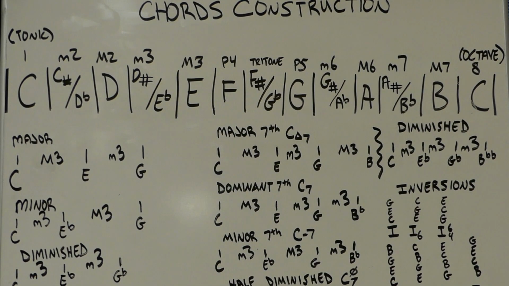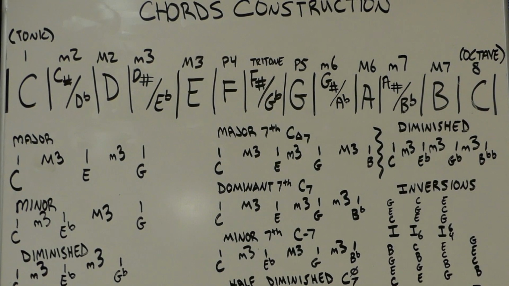So I'm going to play how those chords sound, so you can get an idea in your head. A C major chord sounds like this. As you can tell, that's pretty happy. And to make it a minor chord, we lower this third to an E flat, and it'll sound like this.